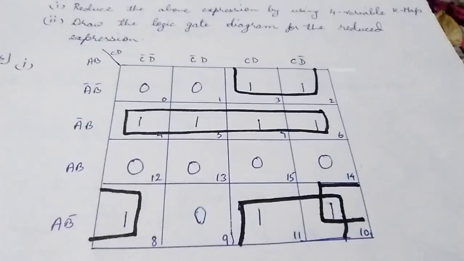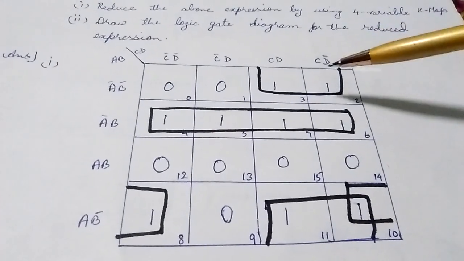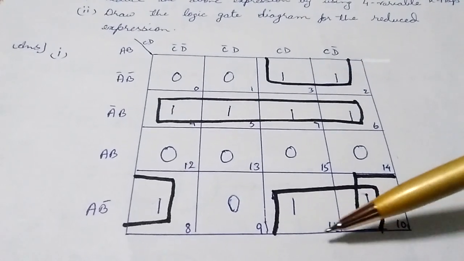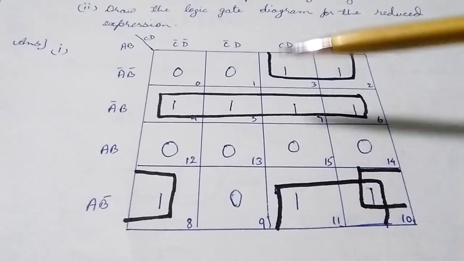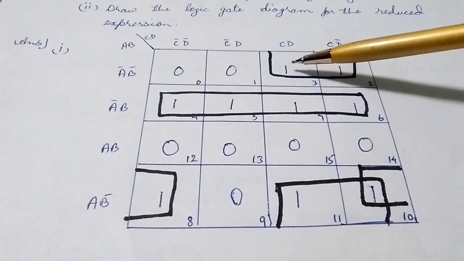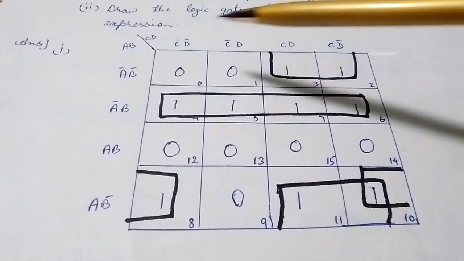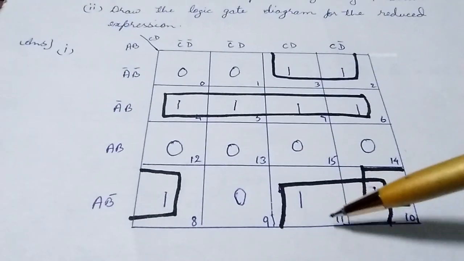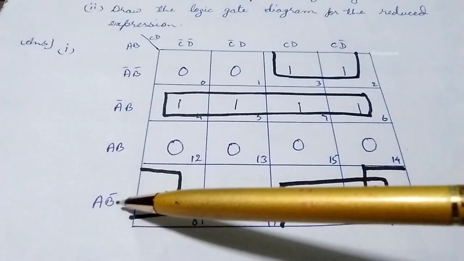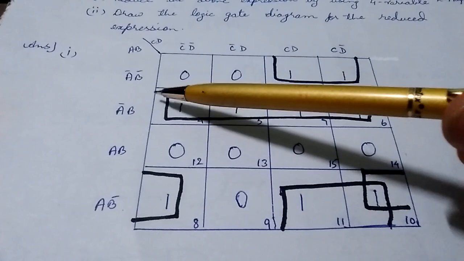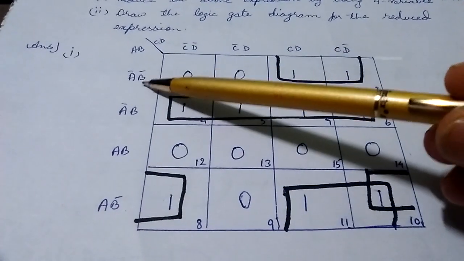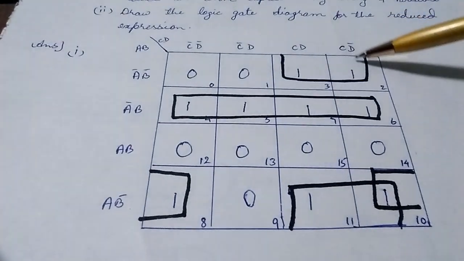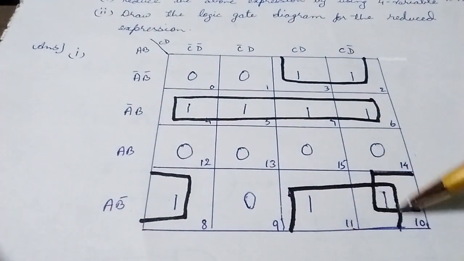The second one we see, that is M2, M3, M10, M11. Now here we are seeing that for this one it is A bar B, and from here for this one we are having A B bar. So B bar is common, whereas A bar and A will cancel. Similarly these two columns are common for both.